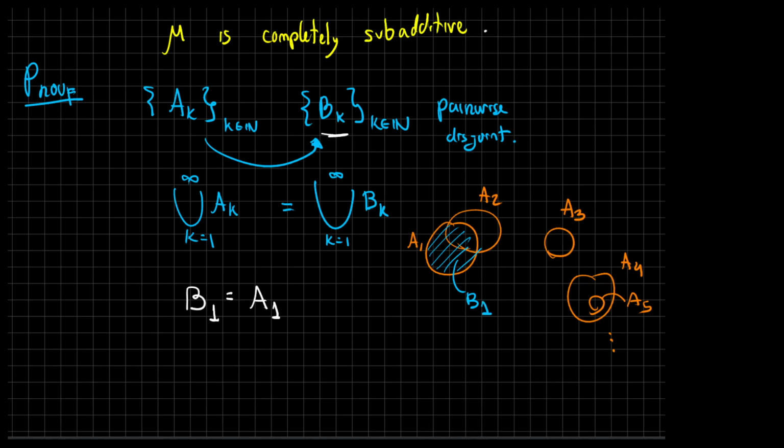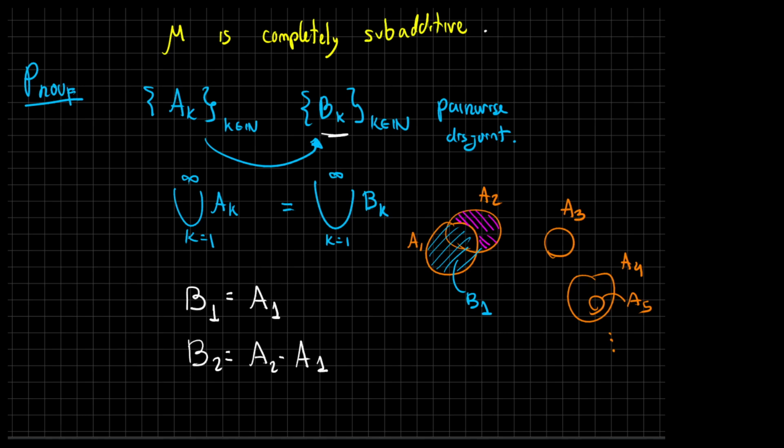Now, the second element cannot be A2 because it will have a non-empty intersection, so we will consider only this part, and this part is equal to the difference between A2 and A1, right?